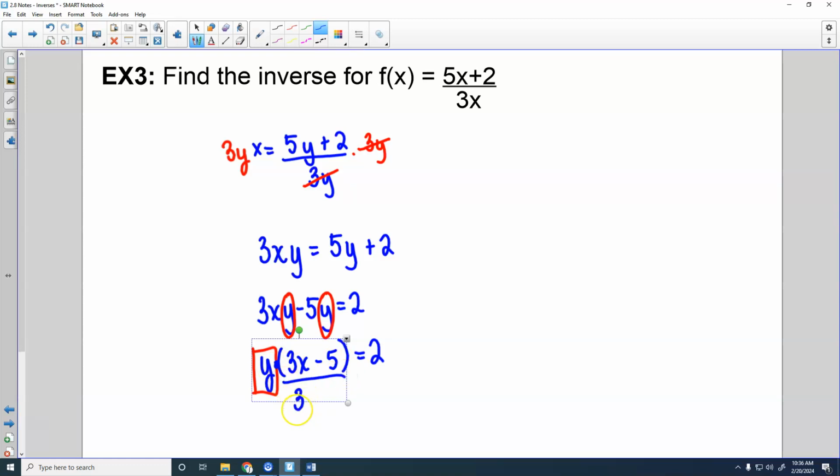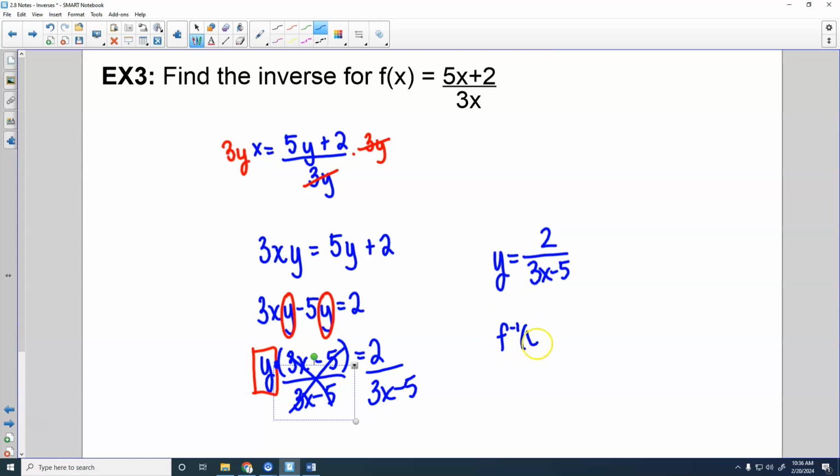Perfect. Cancel that, and I will have y equals 2 over 3x minus 5. Is my y by itself? I don't have any y's over on the other side. I could write this with inverse notation if I want.